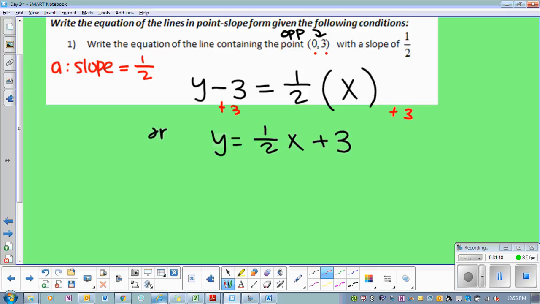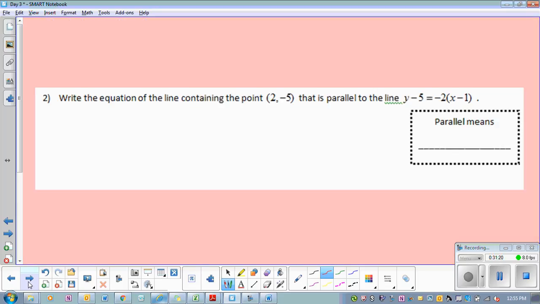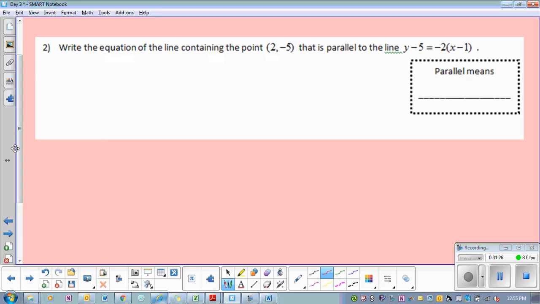All right, try another one. Write the equation of the line containing the point 2, -5 that is parallel to this line. Okay. Wait, guys, what do you remember? Okay, think back to geometry, think back to algebra 1. Parallel means that they have the what? Same slope.